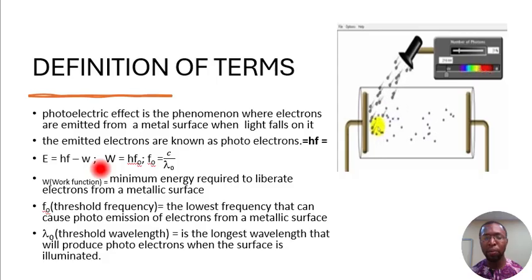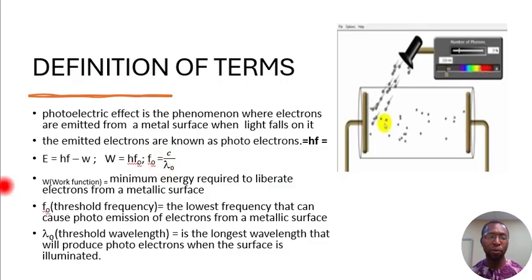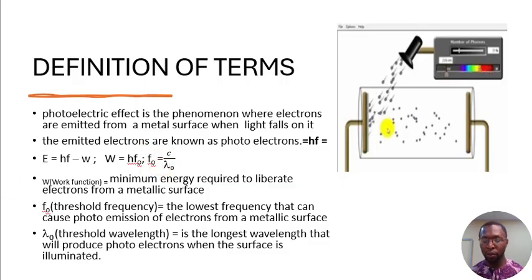That formula is very key in solving problems. And we also know that threshold frequency equals velocity of light, that's c, over threshold wavelength, that is lambda naught. So please, let's take note of these formulas to solve problems.